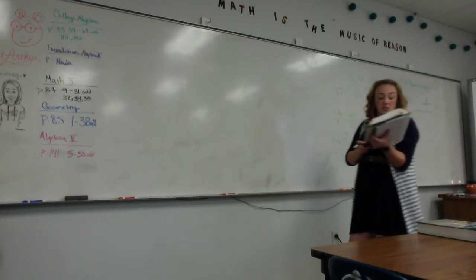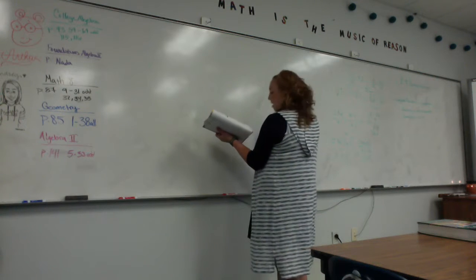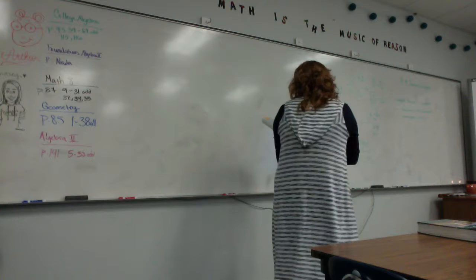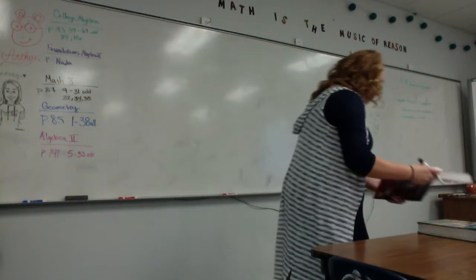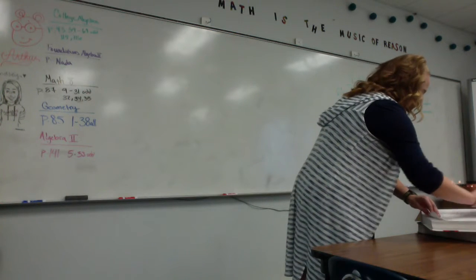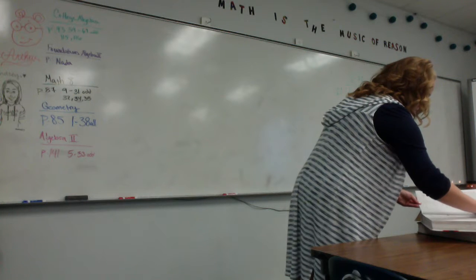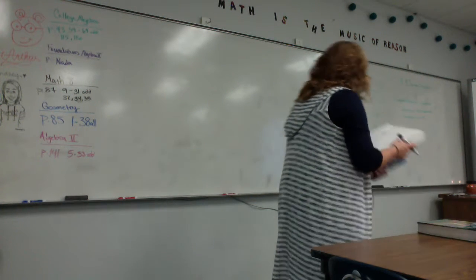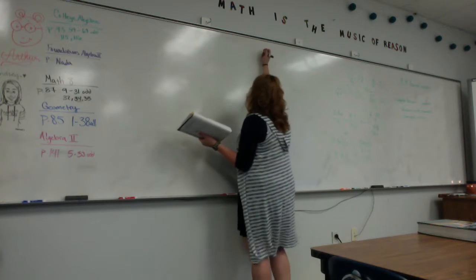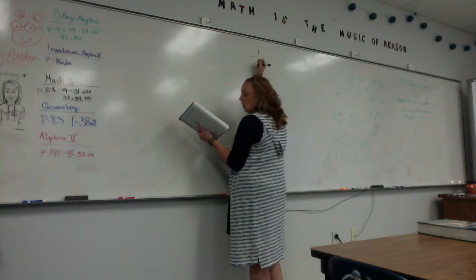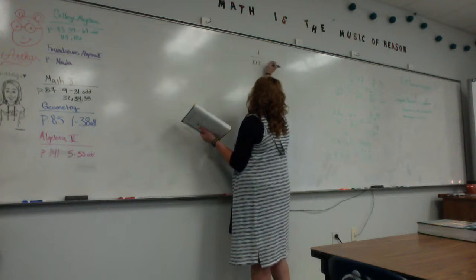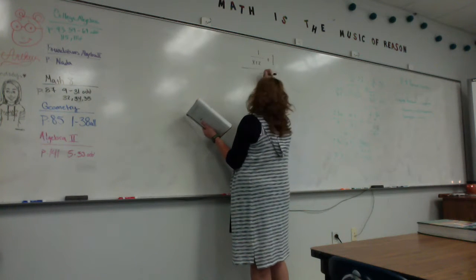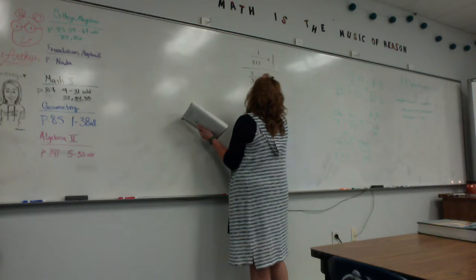So let's look at another complex fraction. How about this one? Let's try this one. How about 1 over x plus 2 plus 1 over x minus 3 minus 1.